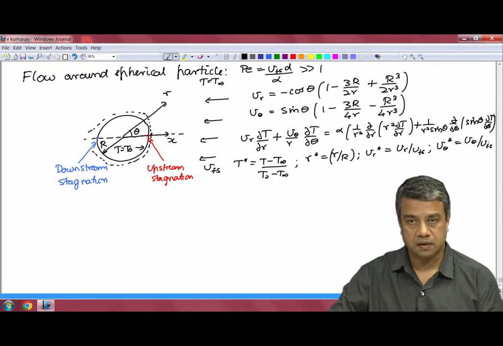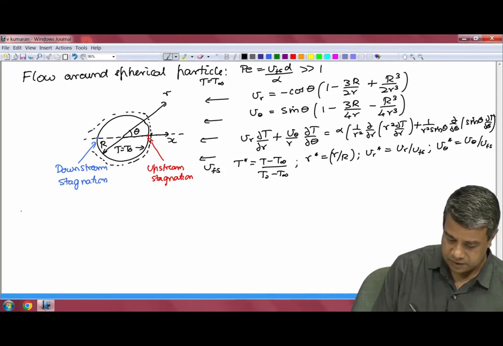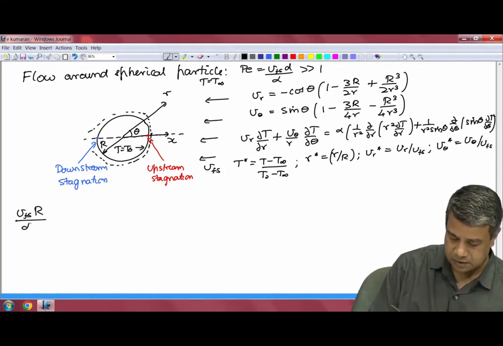Substitute that into the conservation equation, and you will get a factor of V free stream into R by alpha.